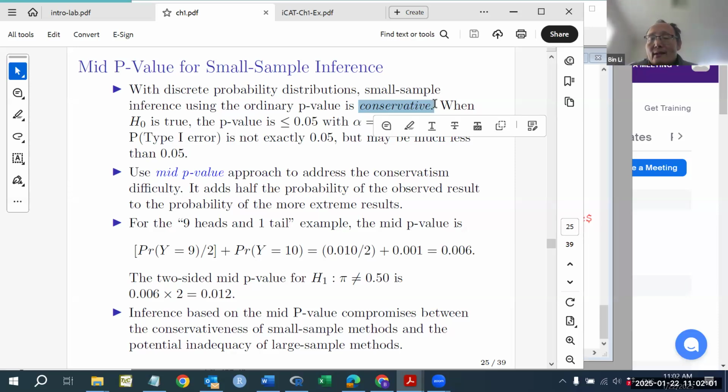So here, if a test is conservative, what does that mean? For example, I think you should all know multiple comparison. If we do the ANOVA, we want to have some post-hoc test, and one of the approaches we can use is the Bonferroni test, right?